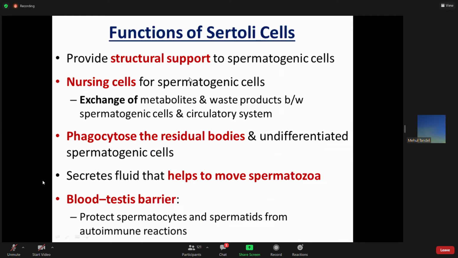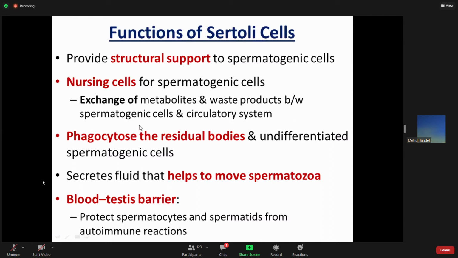Another function is to provide structural support to the spermatogenic cells. These are all the functions of Sertoli cells. First, it provides structural support to the spermatogenic cells. Second, it also acts as a nursing cell. It allows the exchange of metabolites and waste products between the spermatogenic cells and the circulatory system.